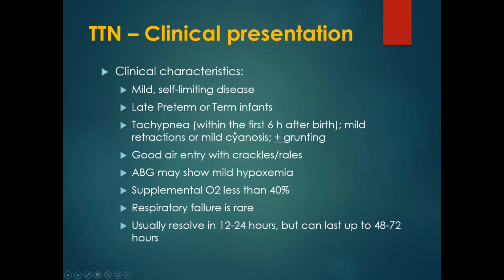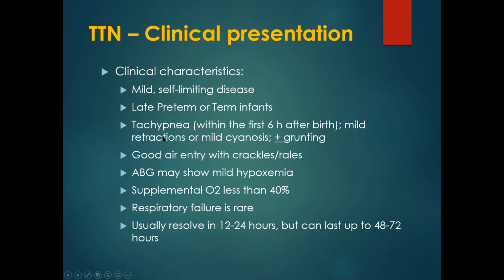Okay, so clinically, what is transient tachypnea of the newborn? I will say it is probably a diagnosis of exclusion. You want to rule out other things that may present with respiratory distress. Okay, so TTN is a presentation in babies with some respiratory distress.